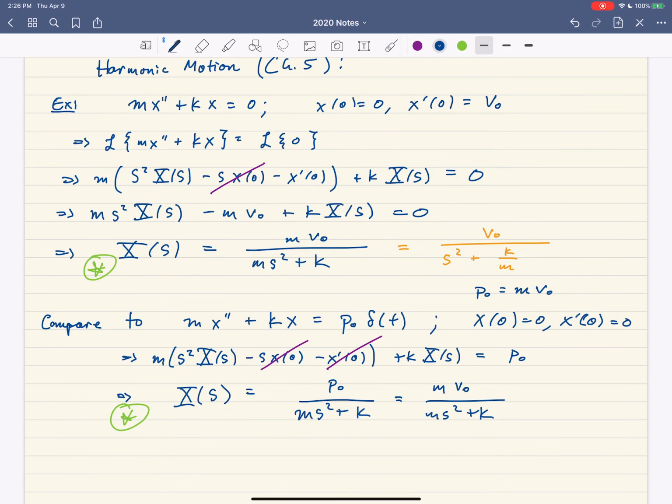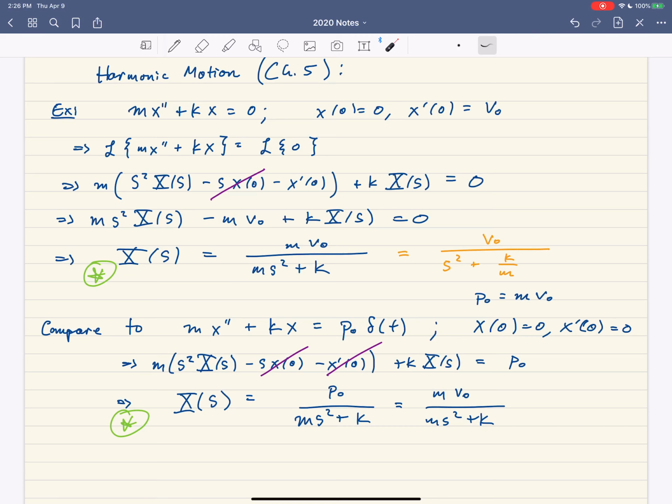The real purpose here is that if we had a homogeneous equation but insisted on an initial velocity, that means we give the system an initial push with a certain velocity of v naught. That's the same as having initial position and initial velocity both 0, but having a non-homogeneous equation.